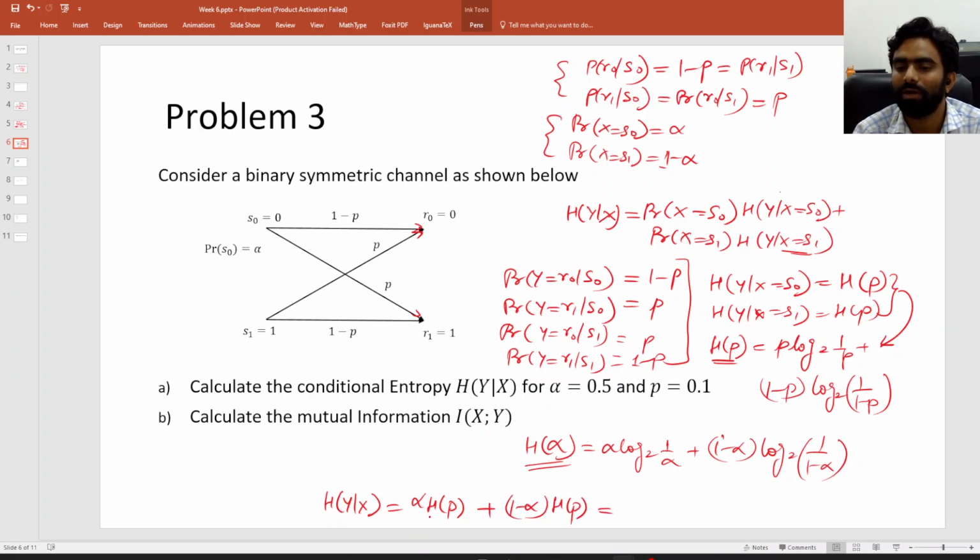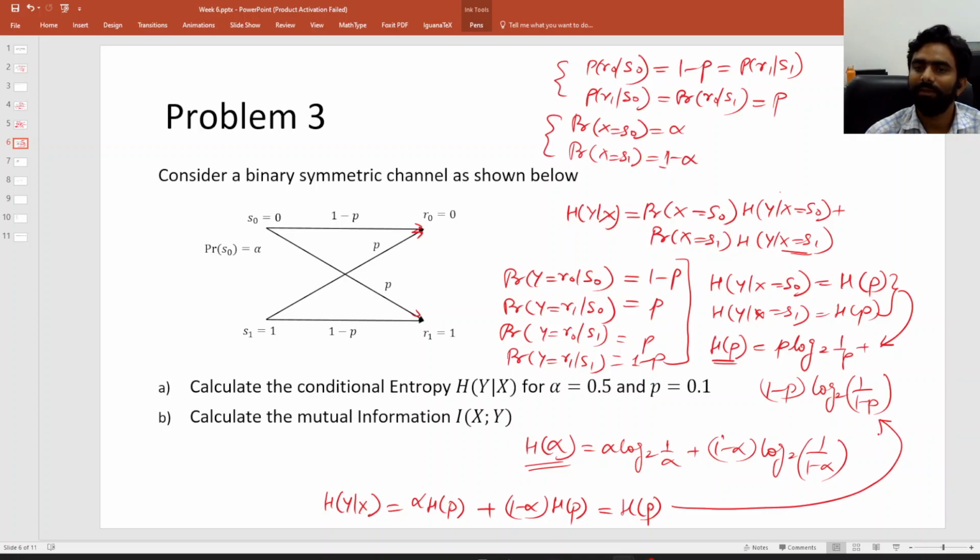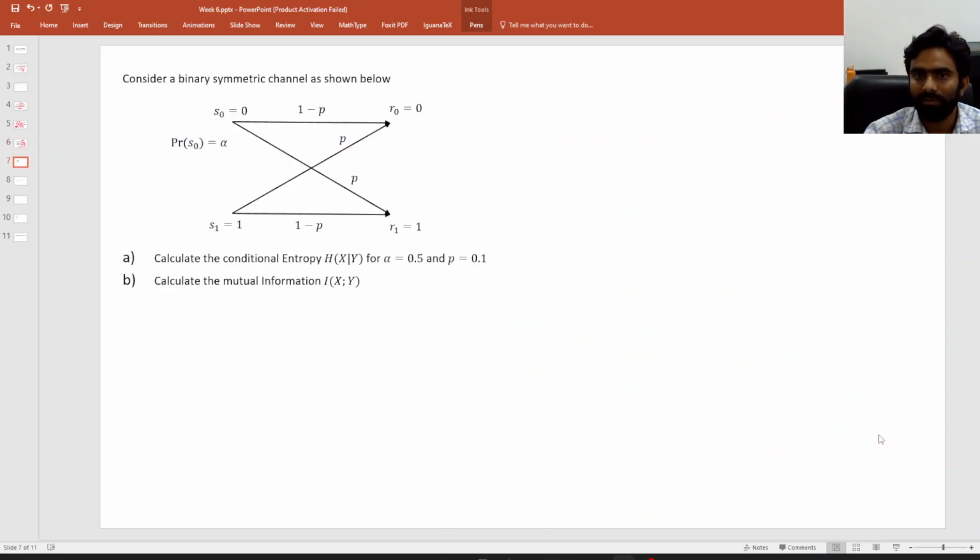So alpha H of p will cancel out and you get H of p only. Clear? Which is nothing but this one. And p is given as 0.1. So solve this one. So I am solving now.